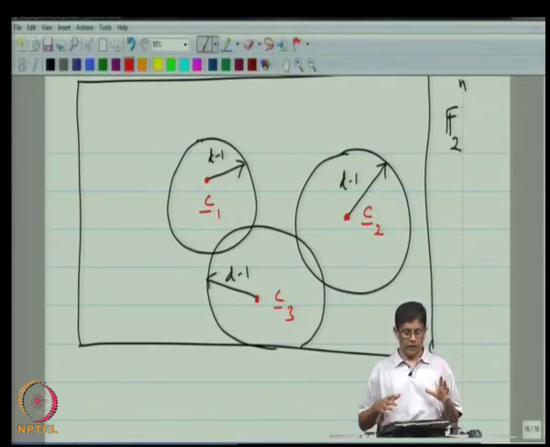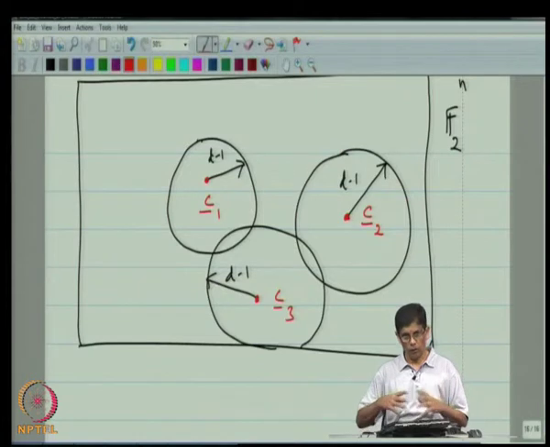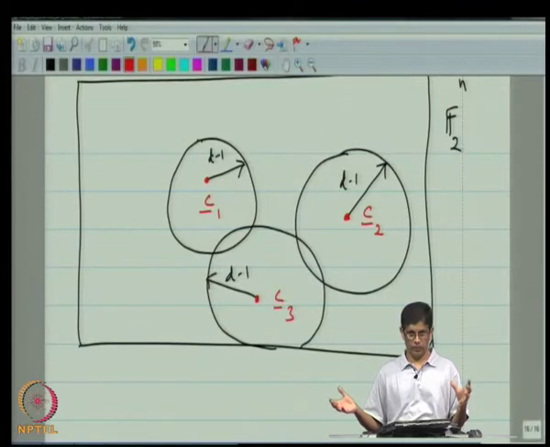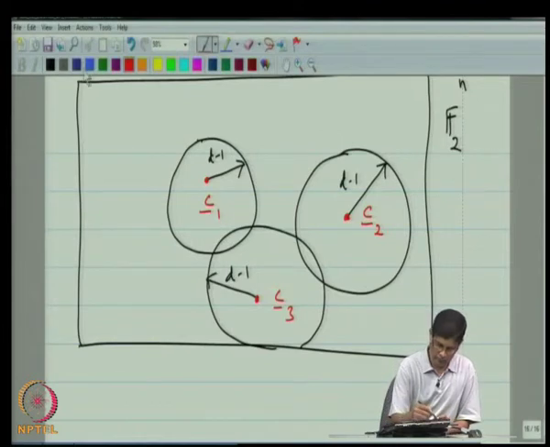So what you are doing is that whenever you pick a code word, you are always going to throw away all the vectors which lie in a ball of radius d minus 1 surrounding that code word. Now some of these may already have been thrown away, because if there was intersection, then these intersections would already have been thrown away, so you don't need to throw them away twice.